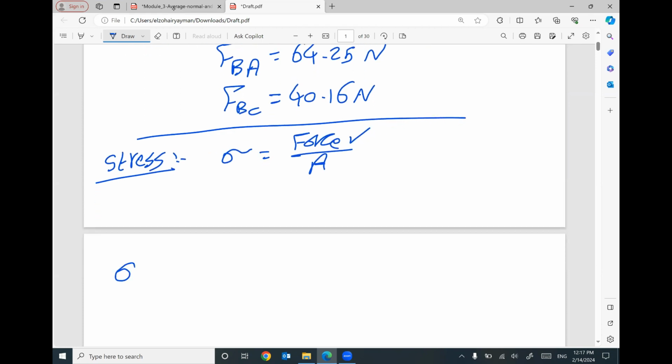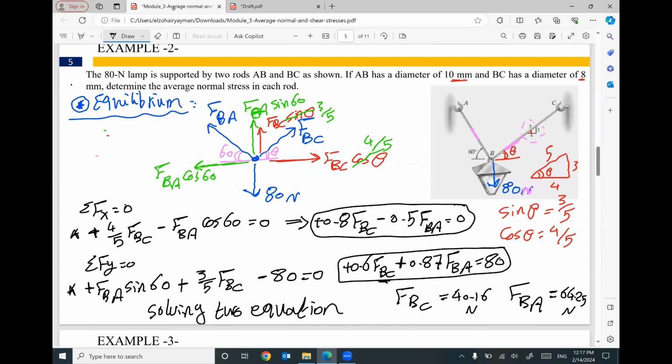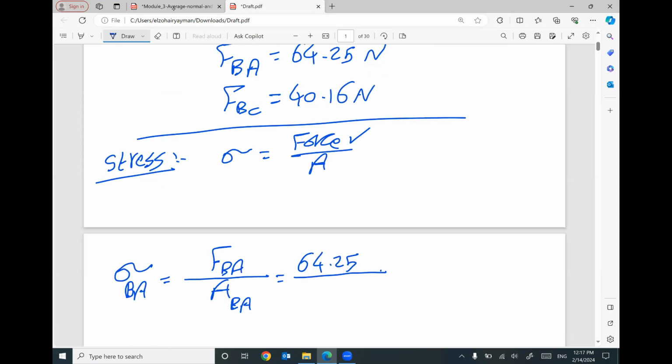So if you would like to figure out the stress in member BA, I have to put the force FBA divided by the area of member BA. The force in member BA equals 64.25 Newton. Member BA, or AB, has a diameter of 10 millimeters. So pi divided by 4 times diameter squared is the area of a circle with a diameter of 10 millimeters.